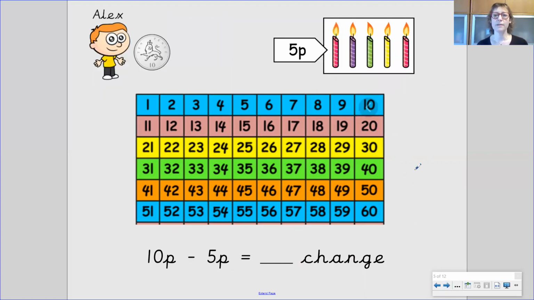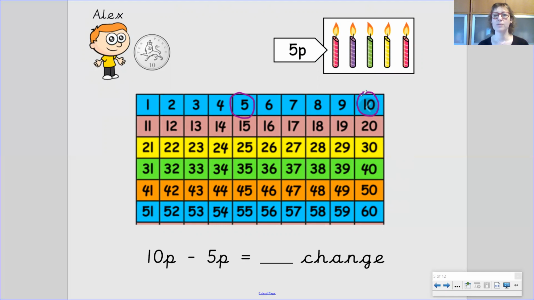So what I'd like you to do is pause the video and see if you can work this one out for yourself. So Alex has got 10p, he's got a 10 pence piece, and he wants to buy the candles that cost 5p. So start by circling the two amounts. So the candles cost 5p, and Alex has got 10p.